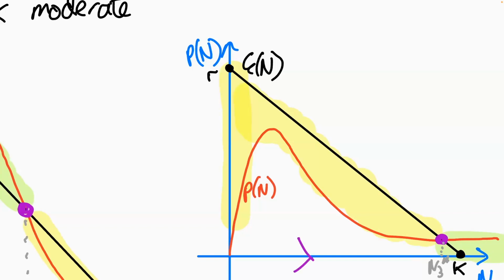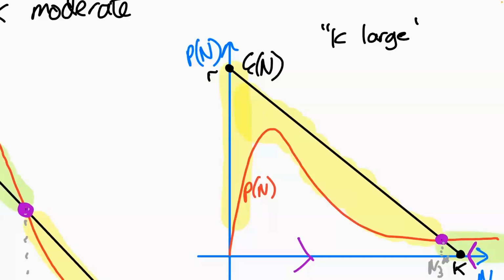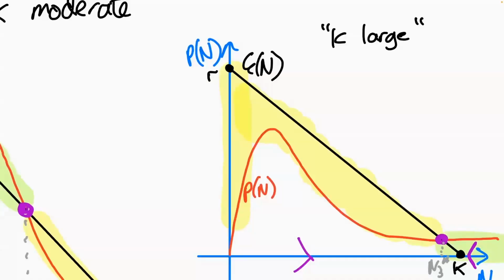So that means we move to the right when we're below n3 star and move to the left when we're above n3 star. So it is stable. So this is for a large carrying capacity for our budworms. Sorry, I keep hitting a button which minimizes my screen.